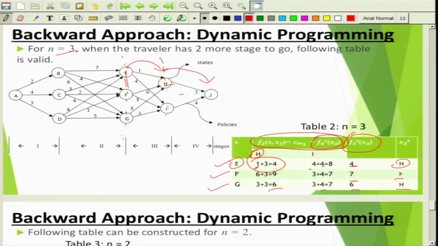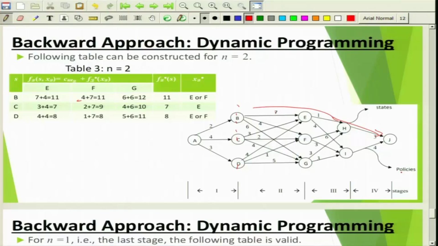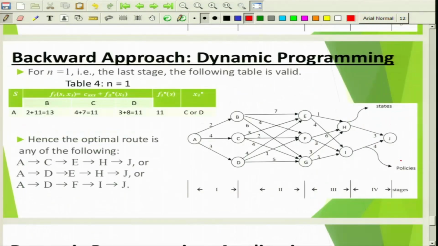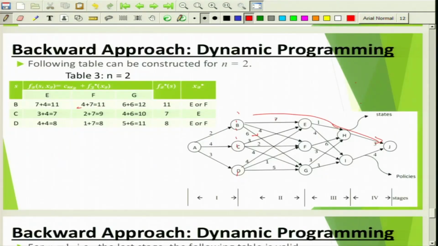If you come to point F, that stage of evaluation is telling you that you should not go to H in any way, you should go to point I. And similarly from B to G it is 6, and from G onwards you should go to H, and that will give you 12, correct? 6 plus 3 plus 3, this is 12.